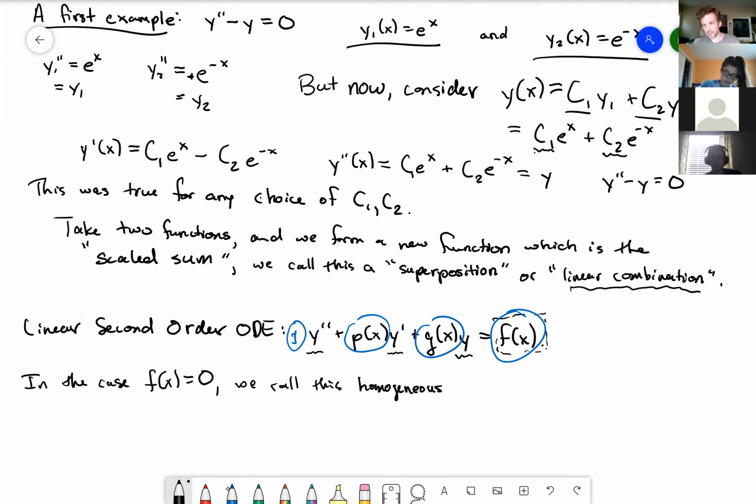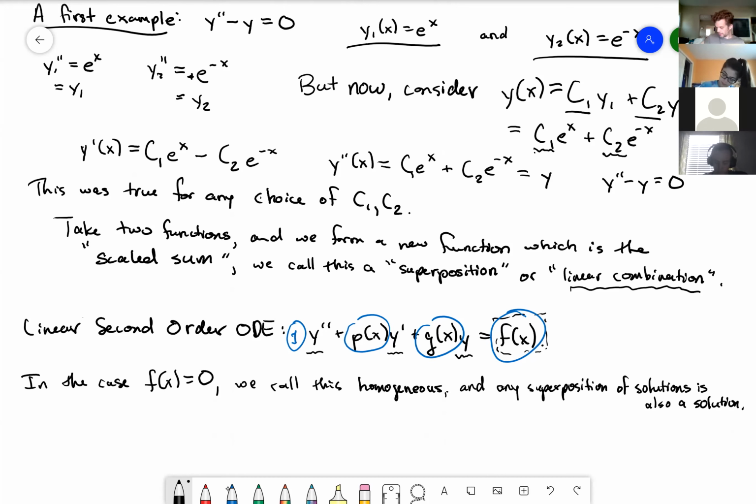And just like in that case, the situation is a little bit simpler, or we can say more about this. So in this case, we call it homogeneous, and any superposition of solutions is also a solution. So this is a nice property of linear ODE.